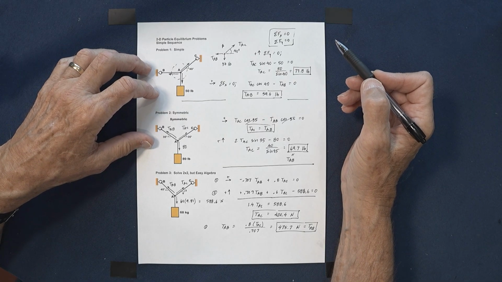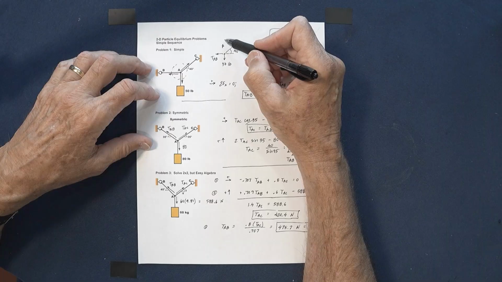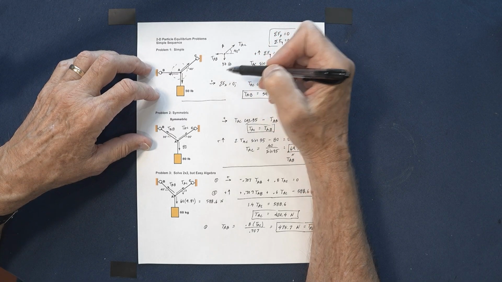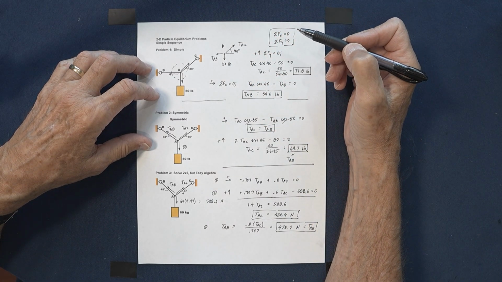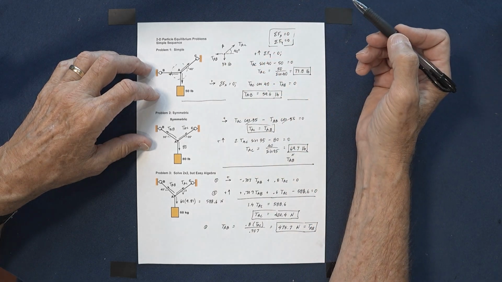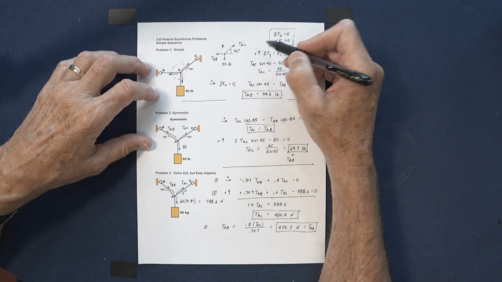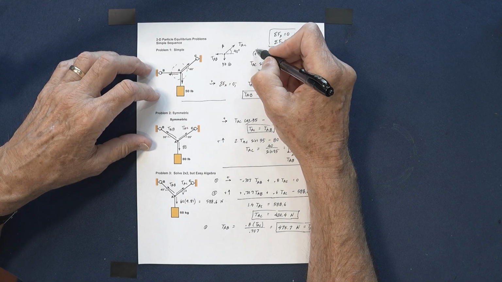Strategically, I prefer to write the equations in order so that I always get an answer, if possible. So for this one, I'm going to write the y equation first. I'm going to assume upward to be positive, and this is something you should do as well.